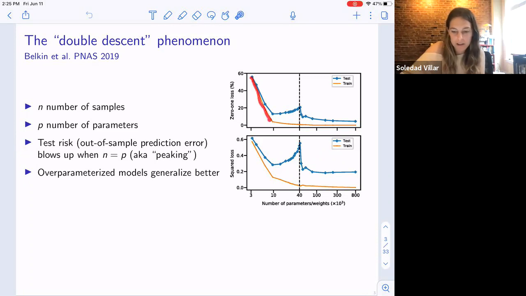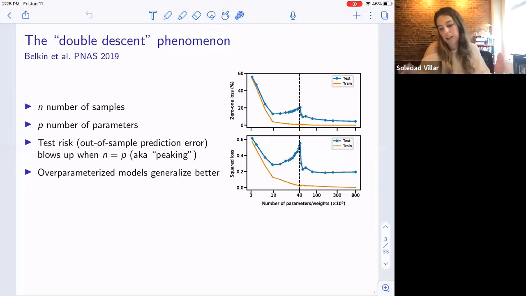So here, for instance, the x-axis is the number of parameters of your model, and you do this experiment, and you have that the training error decreases monotonically, but the test error starts decreasing and then increases again, and then at this point you have this interpolation regime where you can fit all your data perfectly, say. And then after that, if you continue increasing the number of parameters, then the test error starts decreasing again.